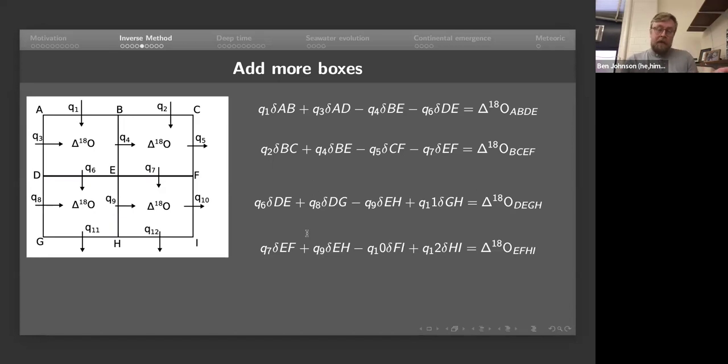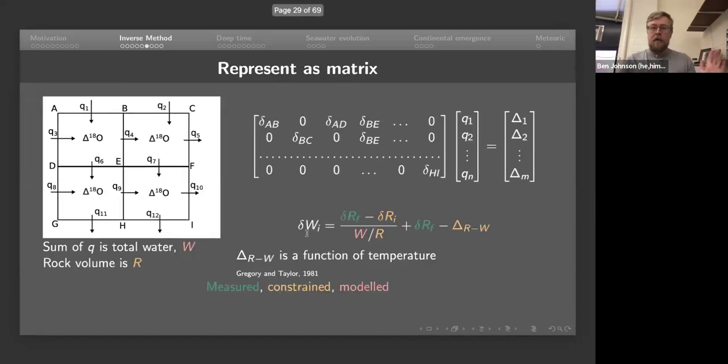And so the full setup for this inverse method is we make a bunch of boxes, a bunch of mass balance equations, and represent these as a matrix equation shown here on the right, where the oxygen isotope fractionation is this larger matrix, the delta AB, delta AD, etc., for each of the boxes. The fluid flows, the total amount of fluid represented by each of these vectors here in this longer vector, has to equal the change in oxygen isotope values of that body of rock from its starting point to where it finished.